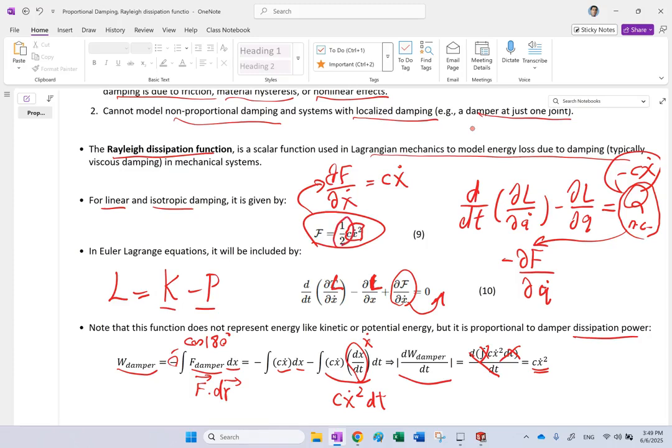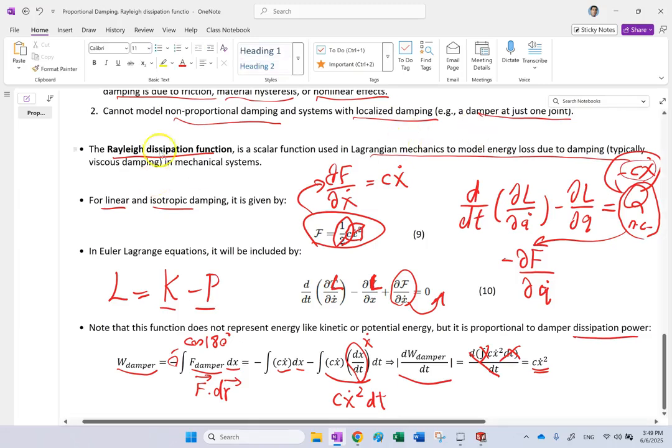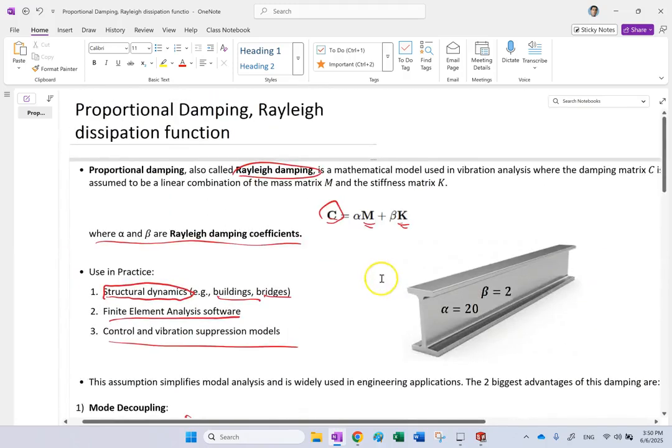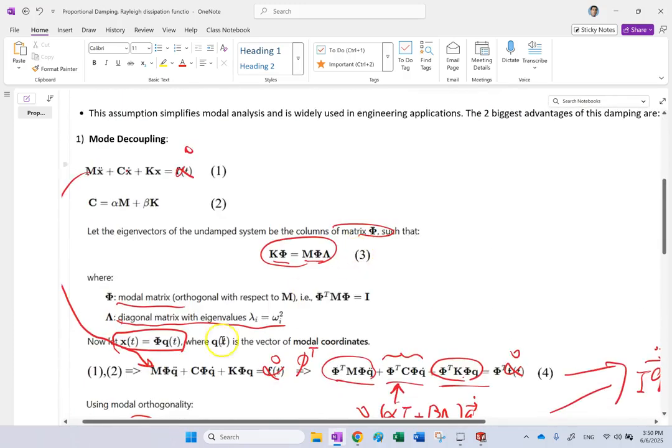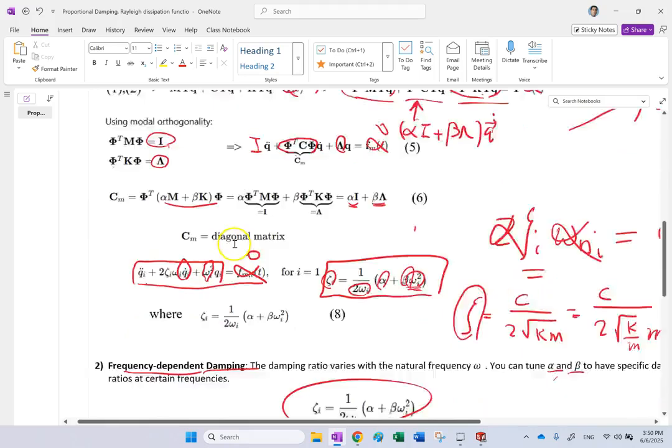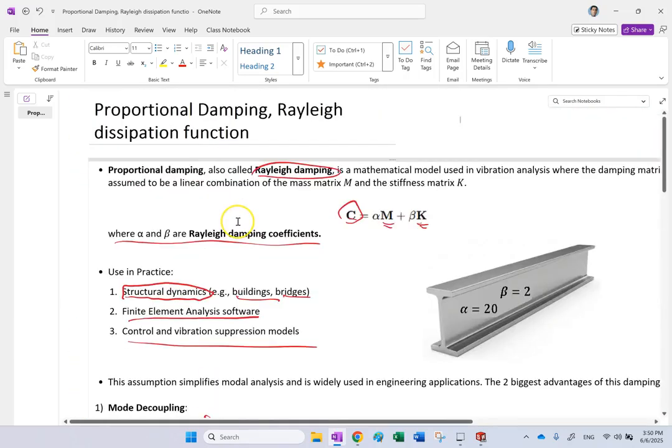So when you take that partial, that 2 and this 2 would cancel, and you get c x dot, not 1/2 c x dot. So if you ever hear the Rayleigh dissipation function and you see that it is used in the Euler-Lagrange equation, I just want you to know what it is. And also, if you heard about structural damping by the proportional model, or Rayleigh damping and Rayleigh coefficients, now you know what it is, where it comes from, and what the advantages, disadvantages, and applications are. So hopefully this video was useful to you. I'll see you in the next lecture. Thank you.